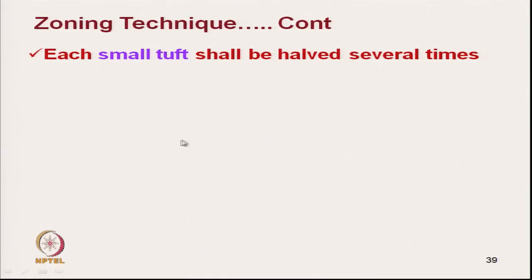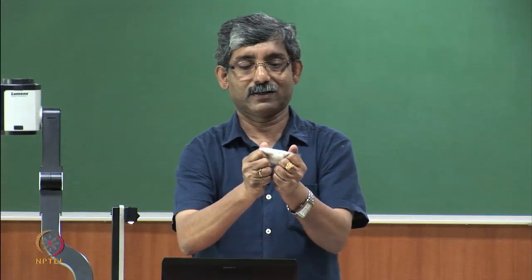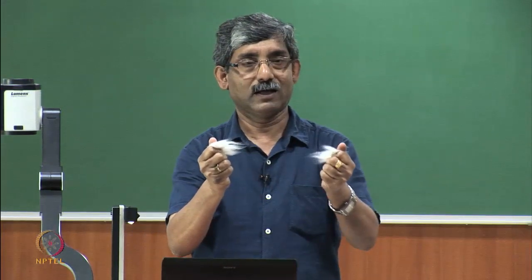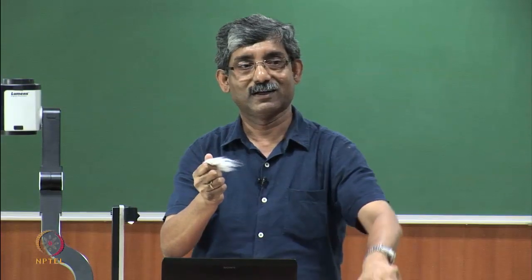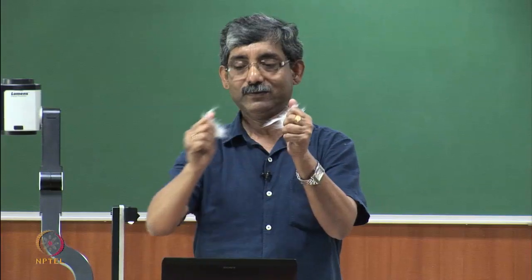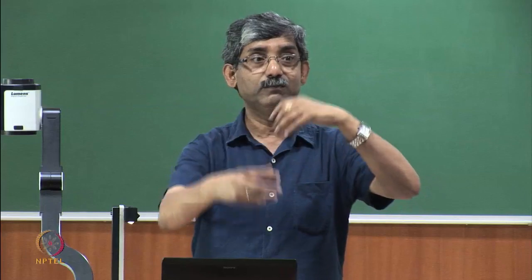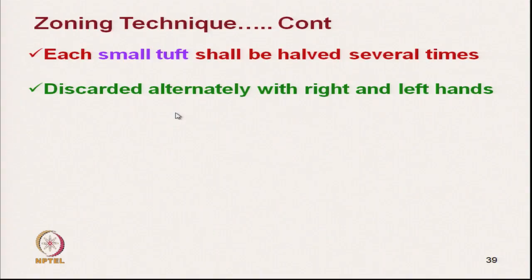Each small tuft shall be halved several times. Like this is a small tuft, I am taking this one and discarding this, then I am rotating again through a right angle and again discarding from this. In this way we have to take the halves several times.